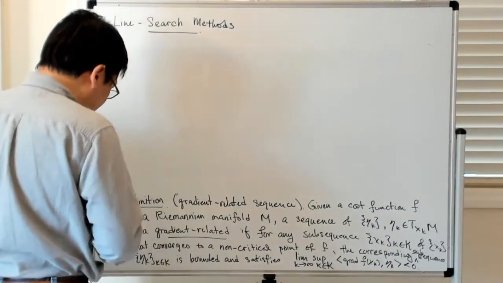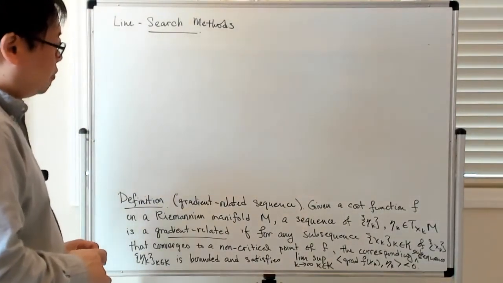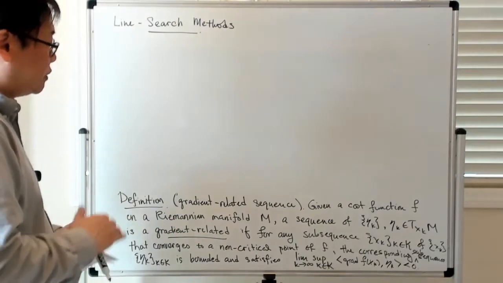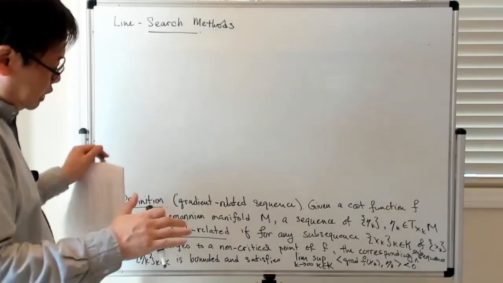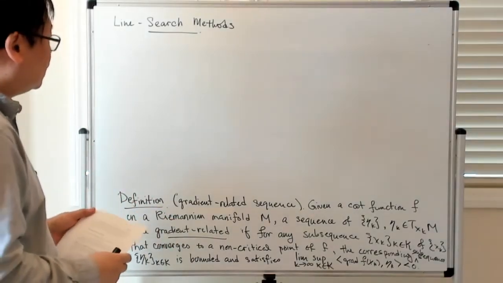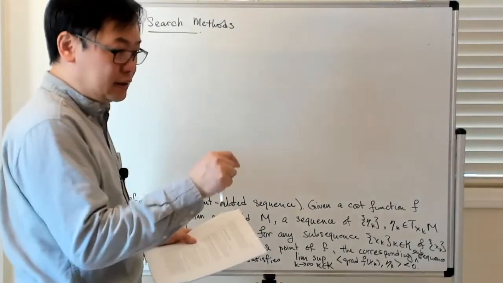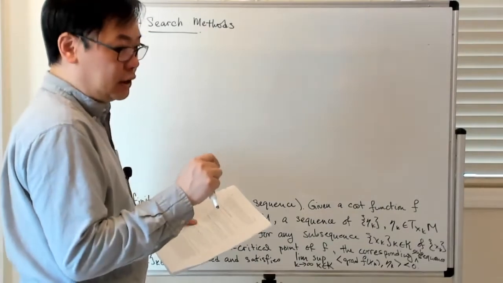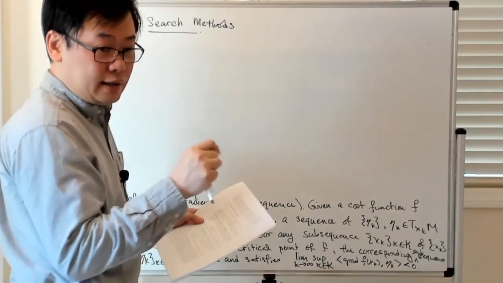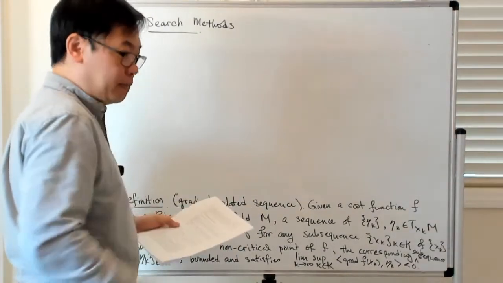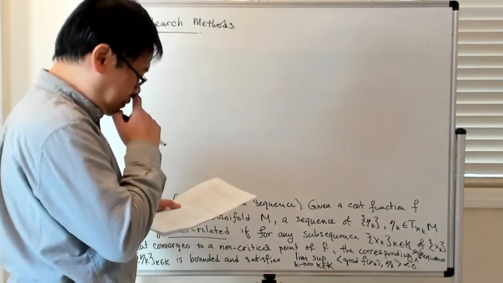The idea is that the gradient gives you some sort of linear model of how the cost function is decreasing locally, and you want to compare the actual descent you have in the cost function, by evaluating it at a new candidate point, with what you would have expected just based on the gradient.